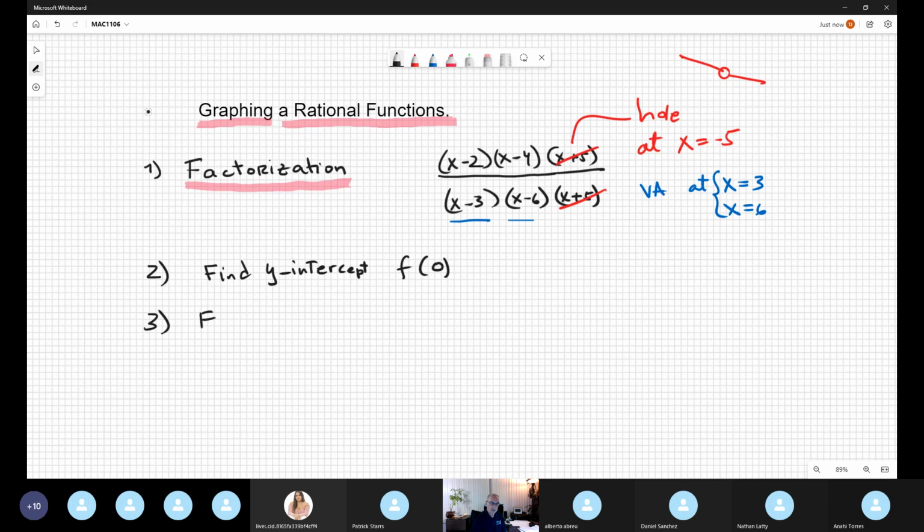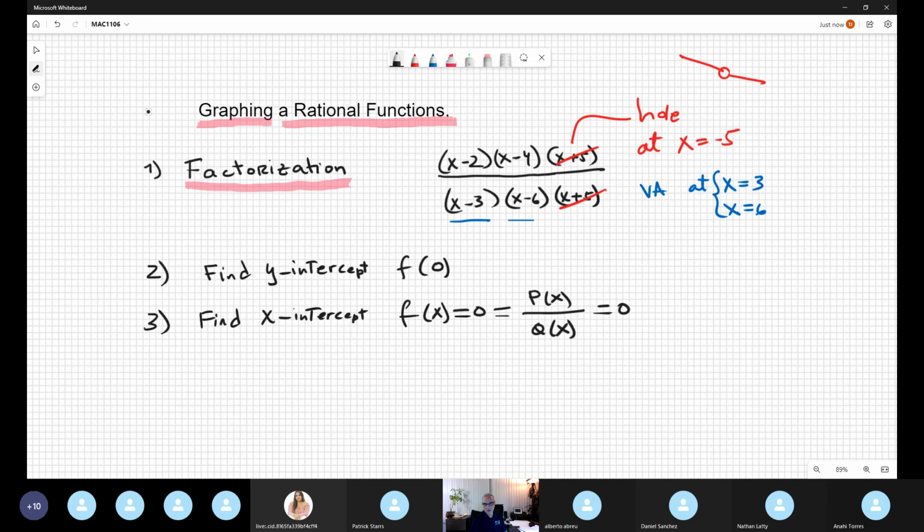Number 3 is find the x-intercept. So what is the formula, Professor? Well, the formula is f of x equals 0 in general, no? But specifically in a rational function, which is one polynomial divided by another polynomial, equal to 0, it's obvious that in this computation, Q doesn't matter.